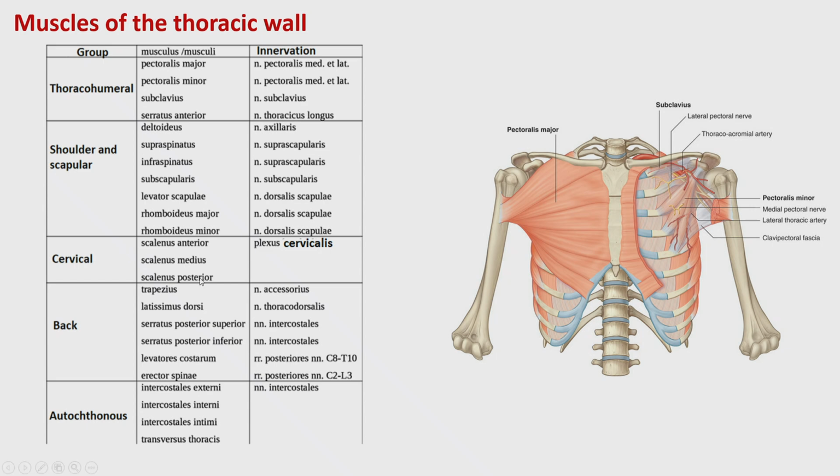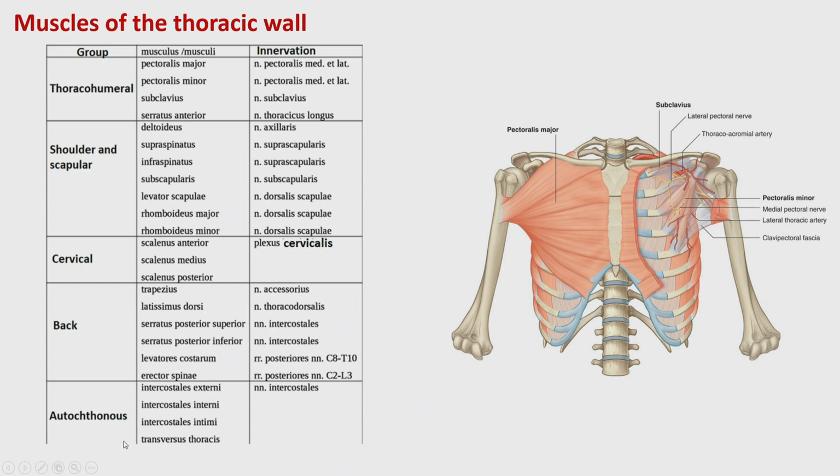We have anterior, medius and posterius, which are innervated by the cervical plexus, the ventral branches of the spinal nerves from the C segment. The back muscles we divide into superficial and deep: the trapezius is the biggest one, latissimus dorsi, posterolaterally serratus posterior superior and inferior, levator costarum, and erector spinae.